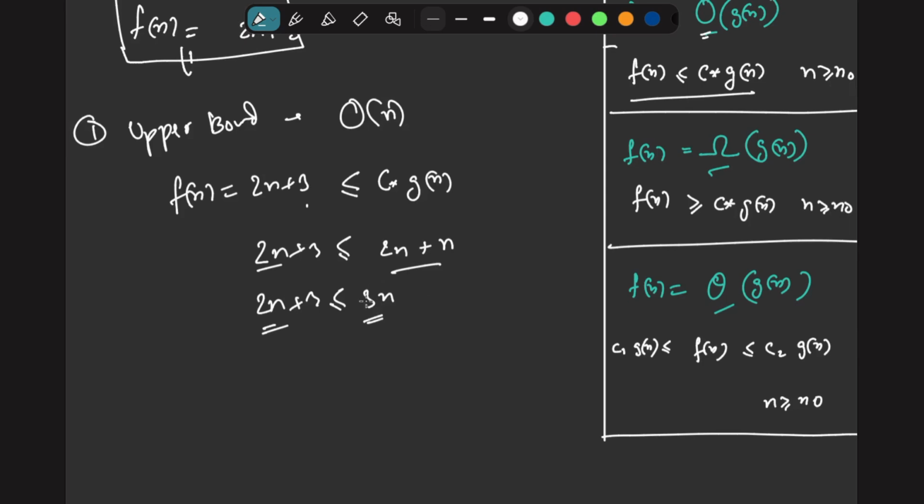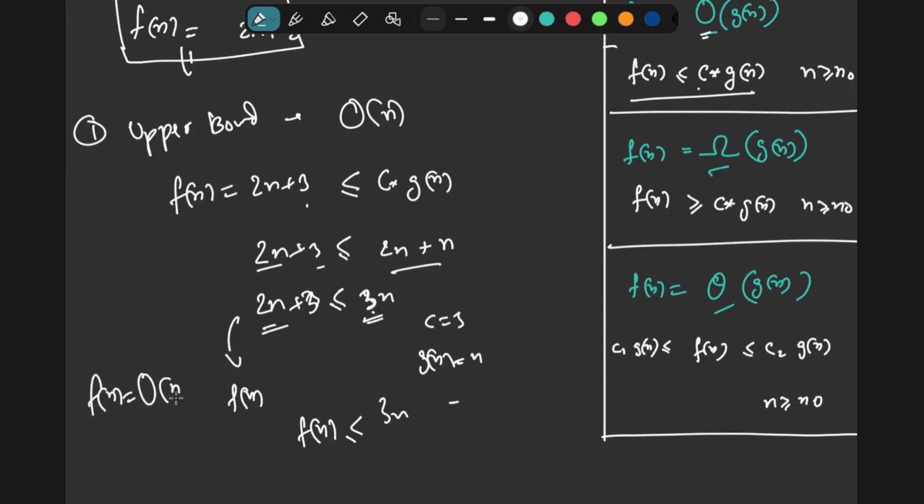We can write any constant, but for a tighter bound we replace the constant with an n. So C is 3 and g of n is n, and f of n is less than or equal to 3n, so we can write f of n equal to big O of n.